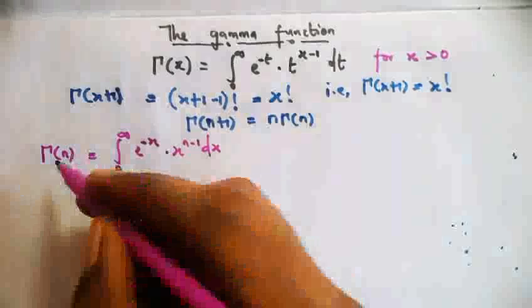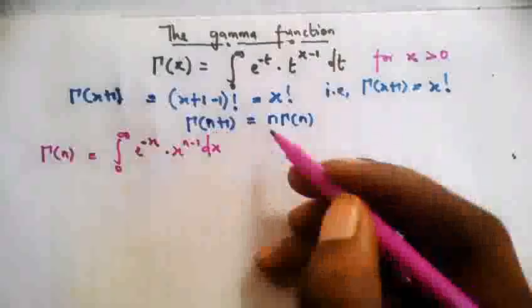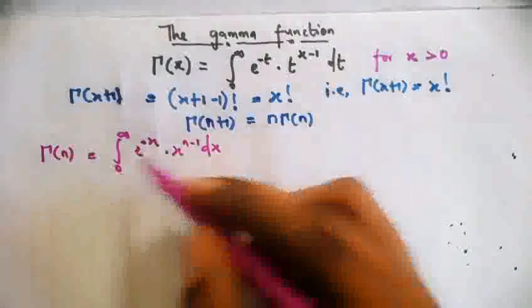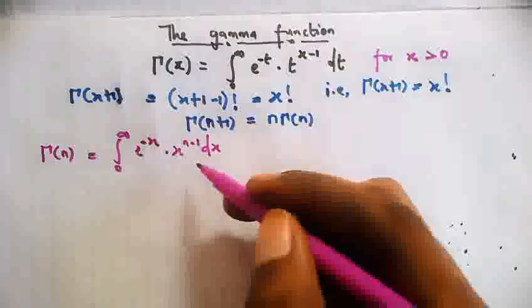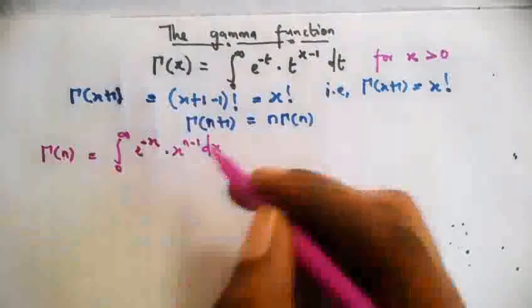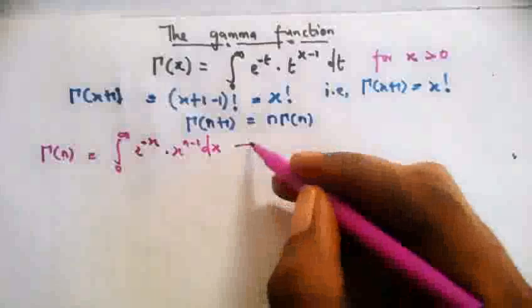Now this n, we are about to prove this, so we need to have this at the left hand side of this equation here. So let's replace this n by n plus 1. So what are we having?